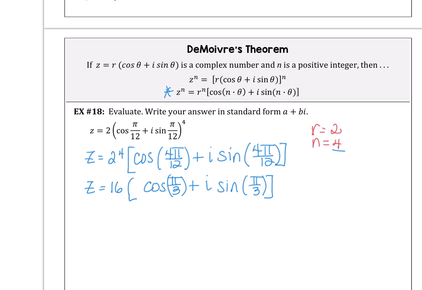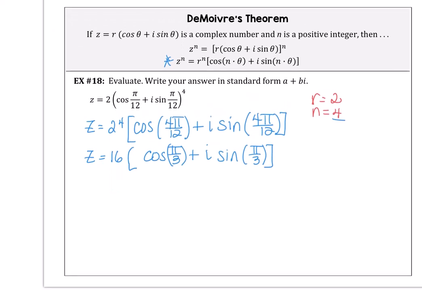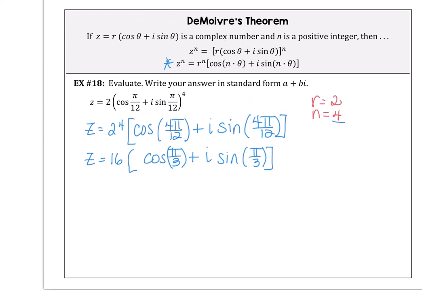And then simplifying that, cosine of pi over 3 is going to be a half. So z is 16 times 1/2, and sine of pi over 3 is radical 3 over 2. Let's distribute the 16.